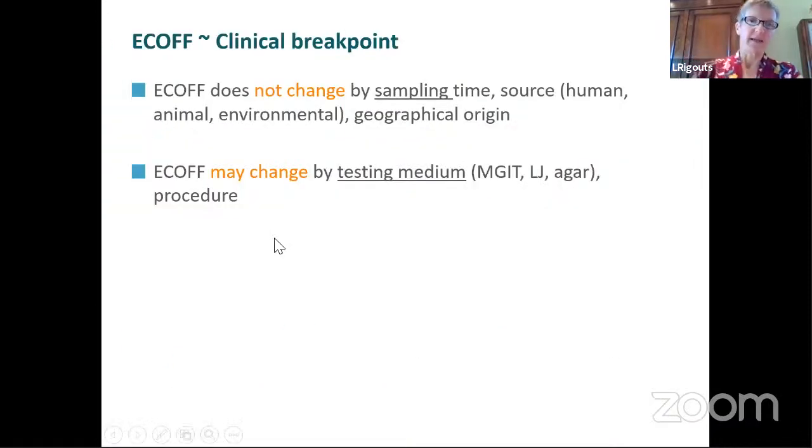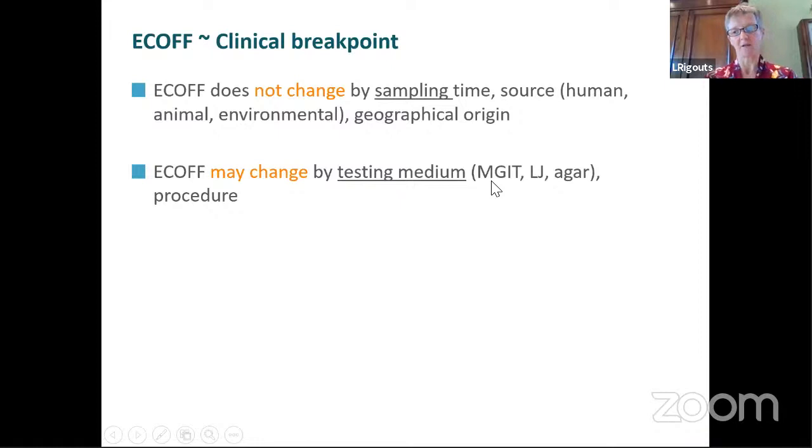What is specific for the ECOFF? The ECOFF does not change by the sampling. If you would test samples from Brazil or from North America or from China, they should all show a similar ECOFF. What is true is that the ECOFF may change by testing medium.